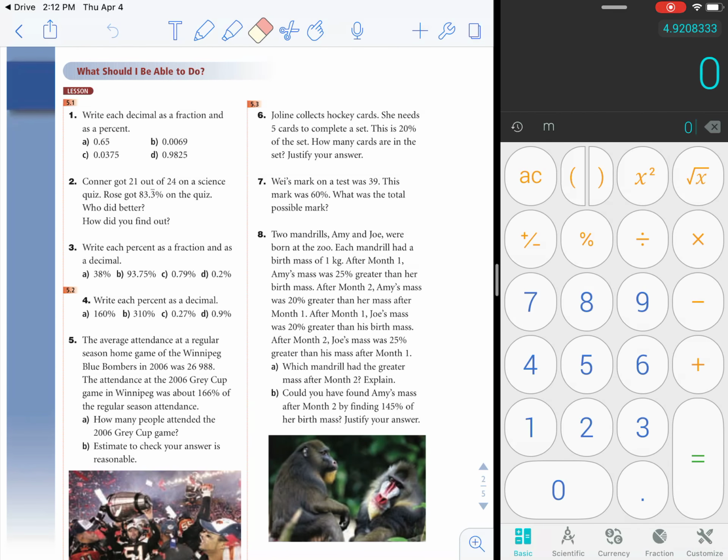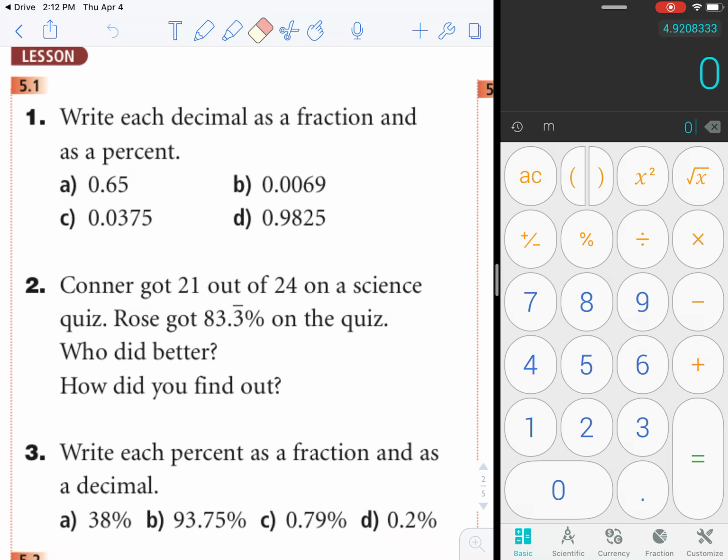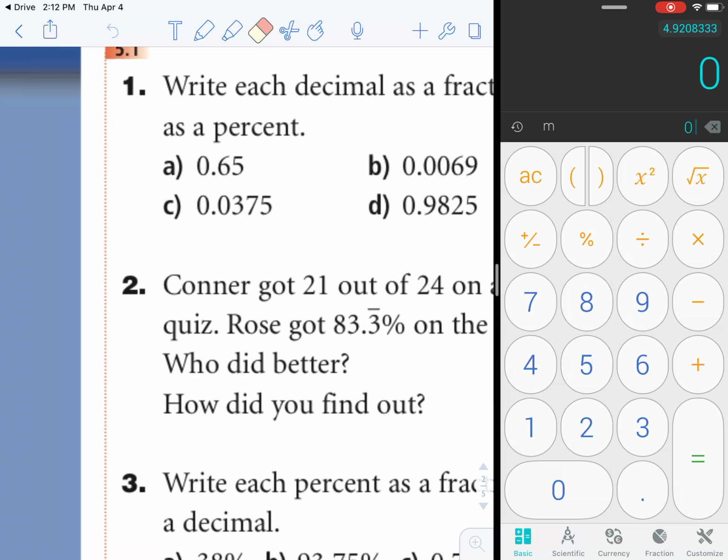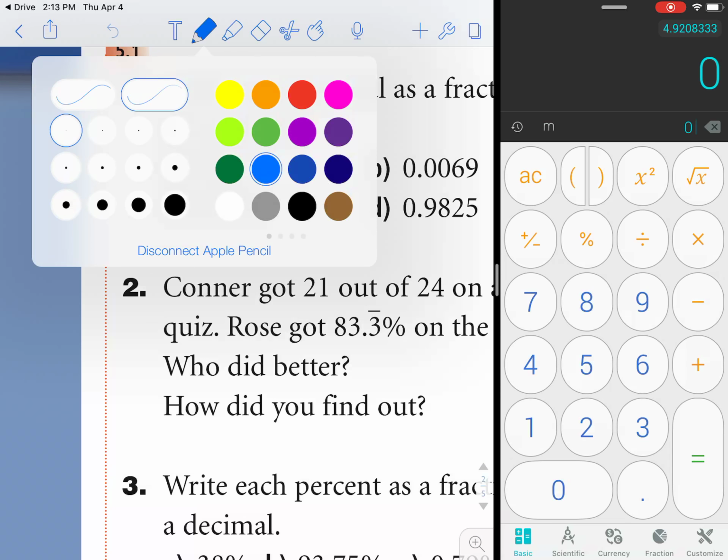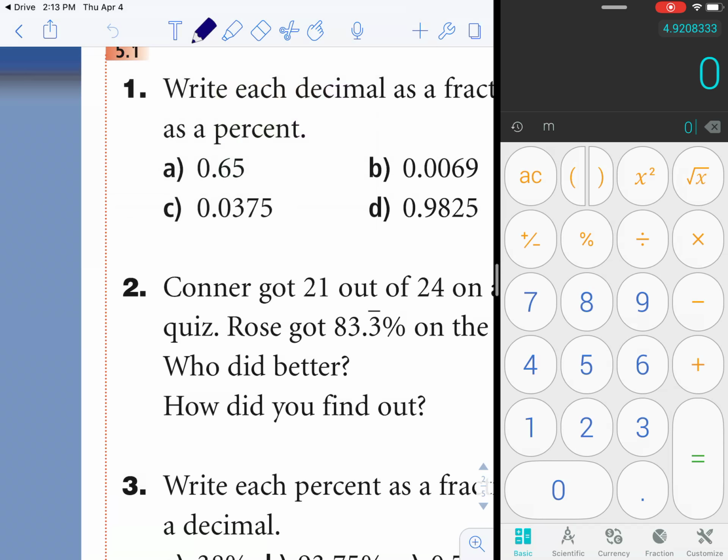All right, so writing each as a fraction and as a percent. Let's get a different color here. Okay, so to write these as a percent, any decimal you multiply by 100.